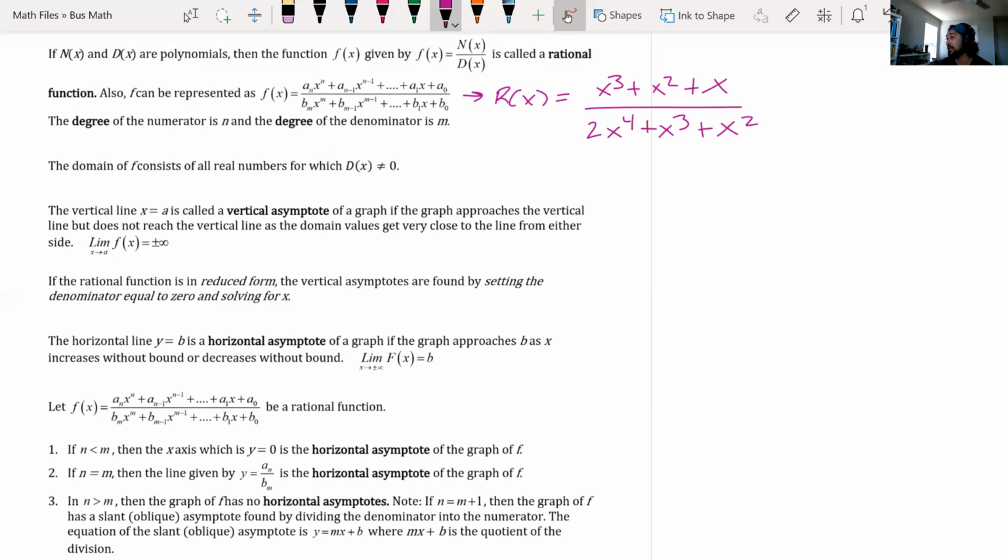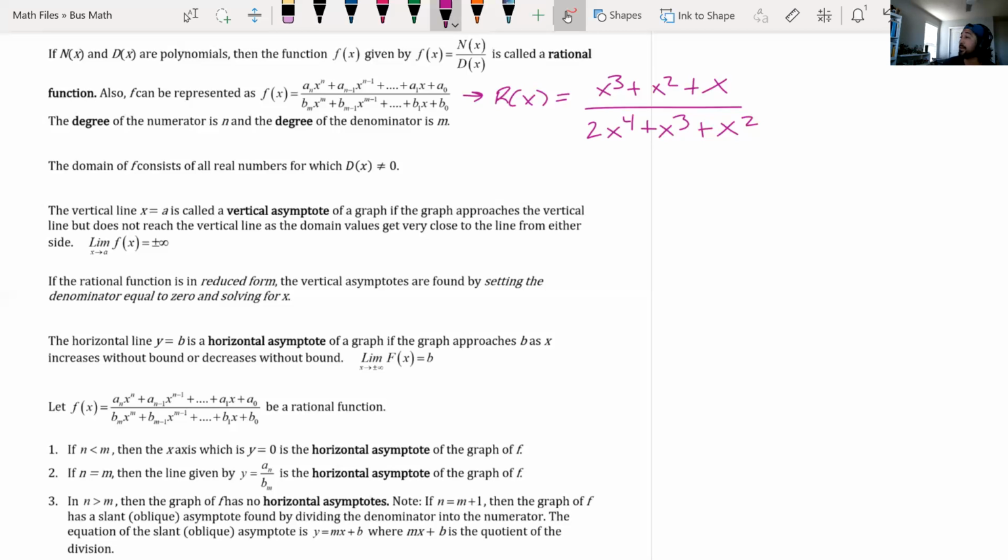So what this means is, with rational functions, we're going to come across a definition of an asymptote. Rational functions are the only functions with asymptotes. They'll have a vertical asymptote and a horizontal asymptote.